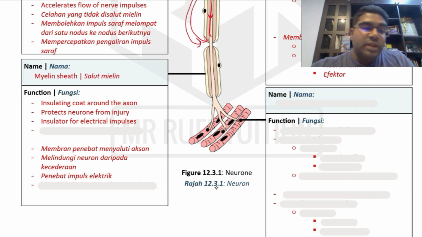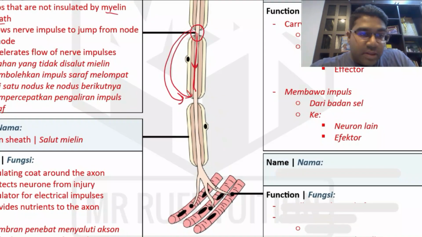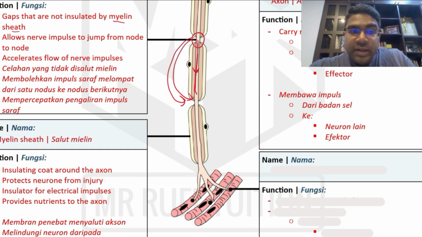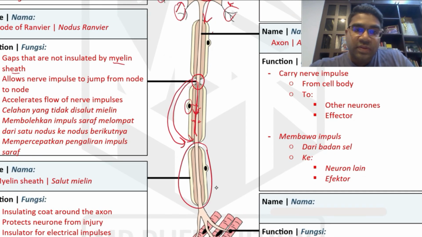Ini adalah penebat impas elektrik. And it also provides nutrient to the axon, membekalkan nutrient kepada axon. So kalau kita nampak dalam salut myelin ini, inside the myelin sheath you can see we have nuclei. So they supply extra nutrients also. Why? Kenapa? Sebab badan sel sangat jauh. The cell body is very far away. So this one will provide nutrients instantly.